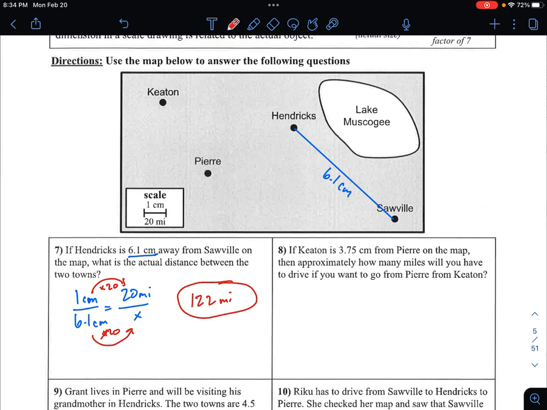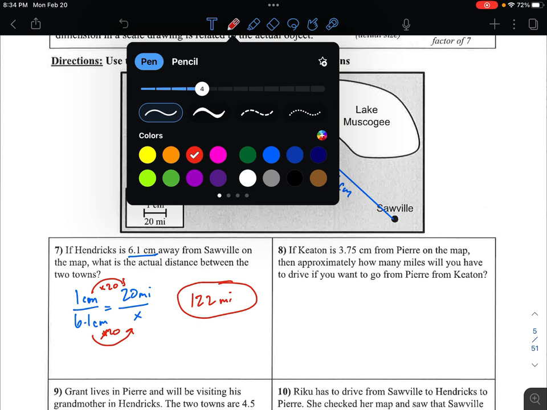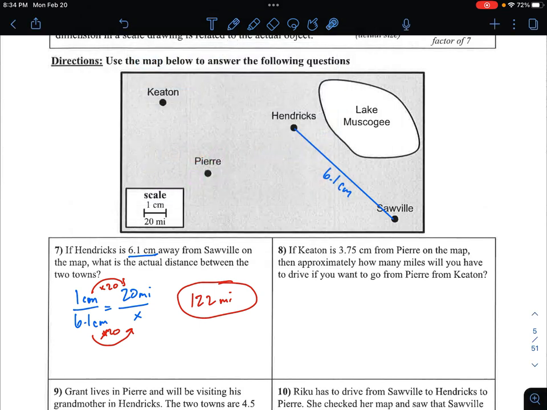All right, let's take a look at number 8. Number 8 says, if Keaton right here is 3.75 centimeters from Pierre on the map, then approximately how many miles will you have to drive if you want to go from Pierre to Keaton?